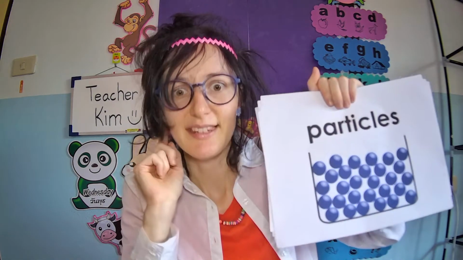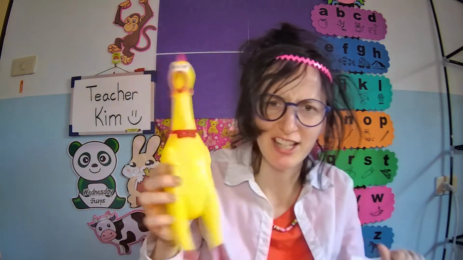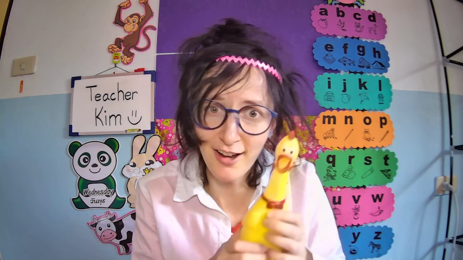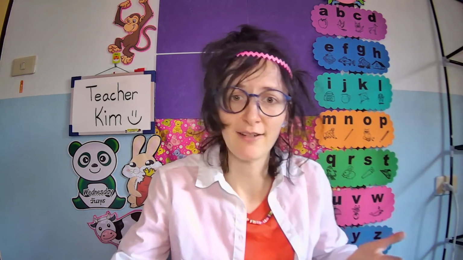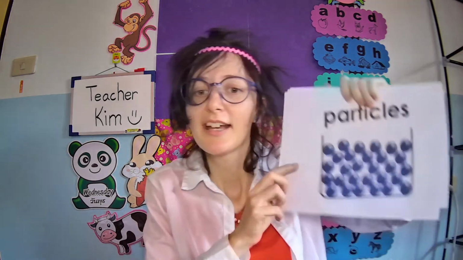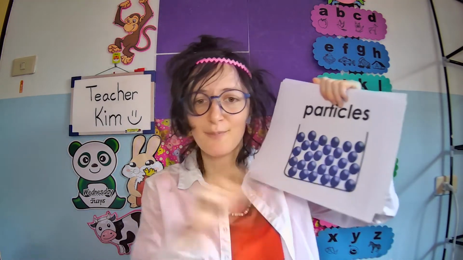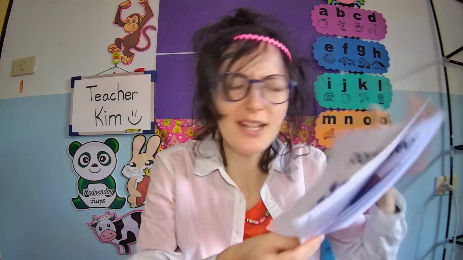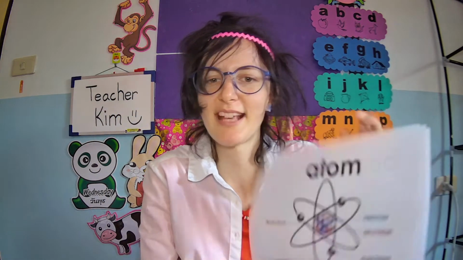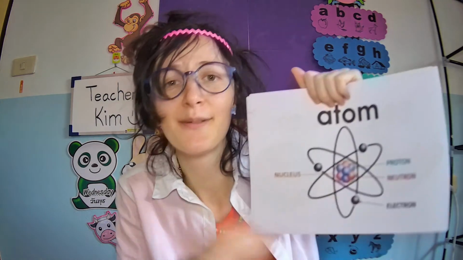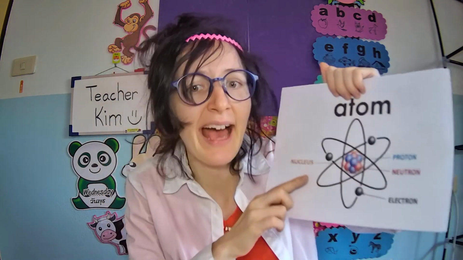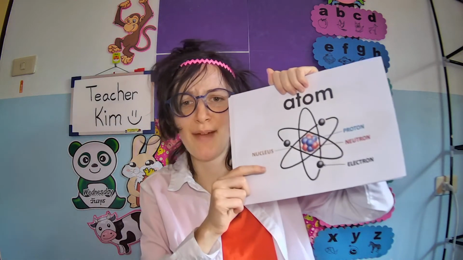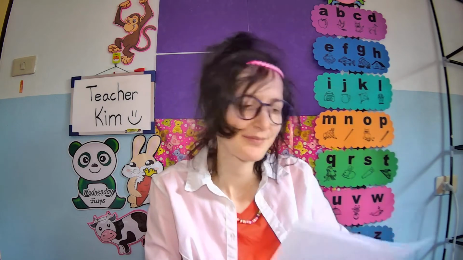Particles. Yes, even this chicken is made of these teeny tiny particles that we cannot see. The air that surrounds us, the water that we drink, is all made of particles. And we can break it down into atoms. Everyone say atom. Atom. So everything that surrounds us is made of atoms.